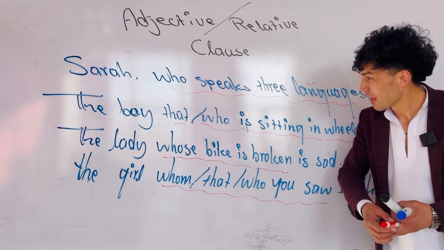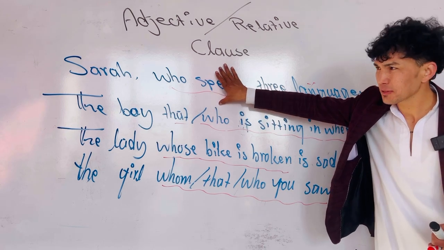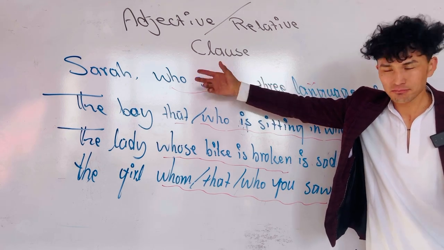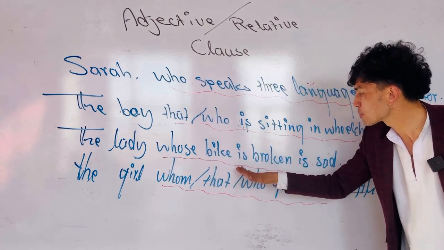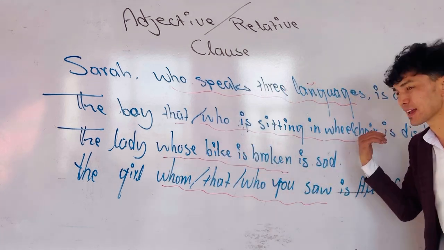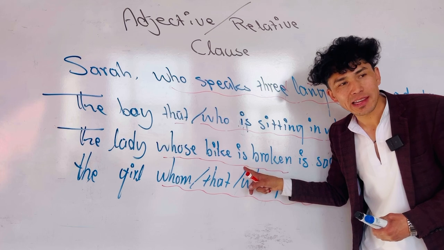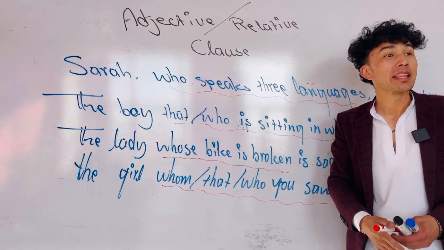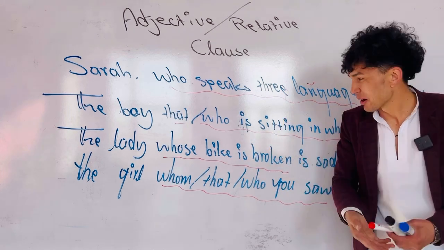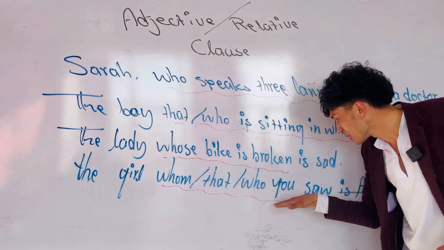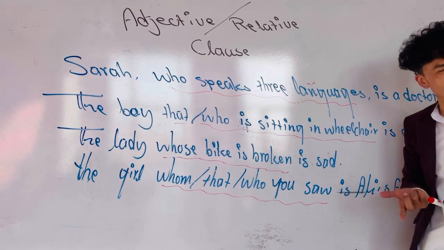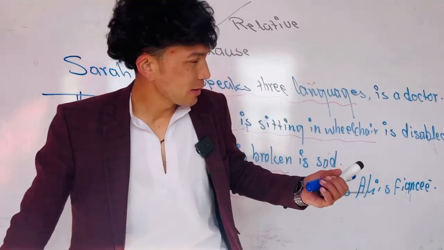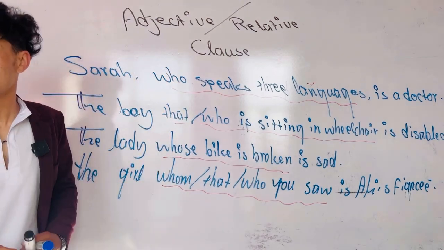When there is no adjective clause for Sarah, we do know who Sarah is. The lady whose bike is broken is sad. The lady is sad. Which lady? Necessary, not extra. The last one: the girl whom, that or who you saw is Ali's fiancé. Necessary, exactly.